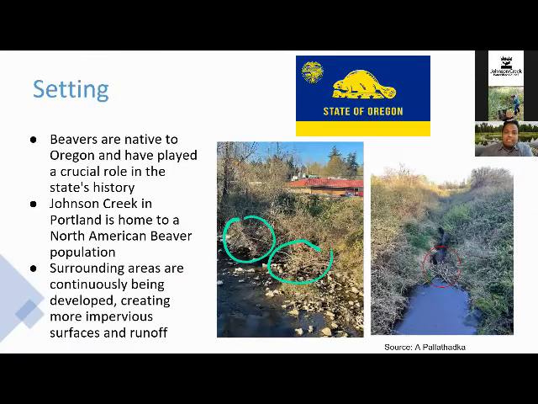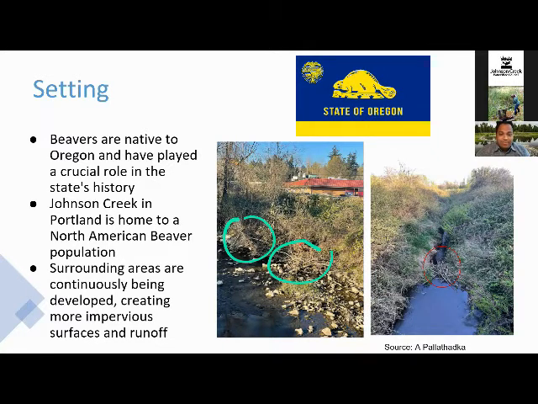And the setting, we decided to do this study in Johnson Creek. Beavers are native to Oregon and have played a crucial role in the state's history. Johnson Creek in Portland is home to a beaver population. We looked at well over 30 beaver dams between 2014 and 2019 using the USGS data.